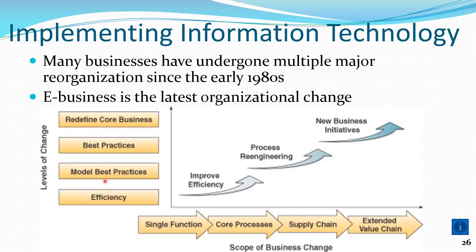Different routines might be changing, right? Routine changes, so things might be there to change the routines and a few things. And best practices, in the sense, you might be doing some business process re-engineering activities here. And here you might redefine the core business.